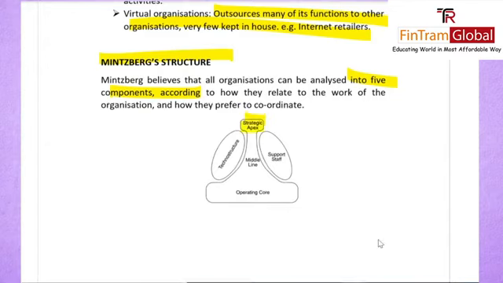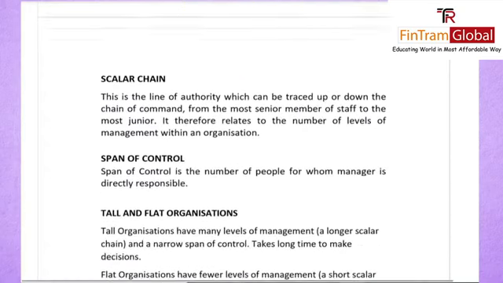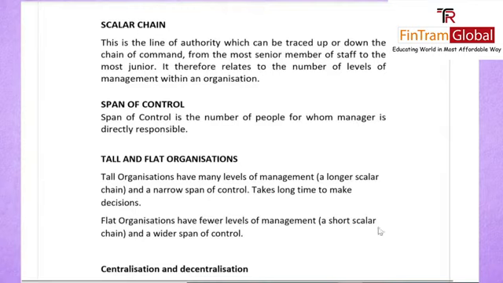This is basically your top management, who are there to make your strategic decisions. Then you have your middle line, who will be passing down the instructions to your operating core, the people who are actually doing the work. You have your support staff. This is your PR or any legal counsel services. And then of course you have your techno structure; your finance, HR, all of them will fall into this part.